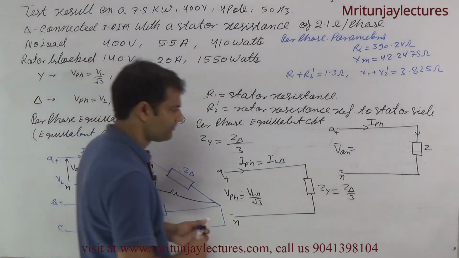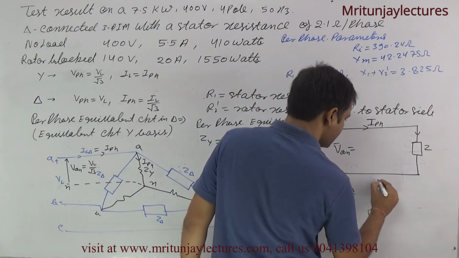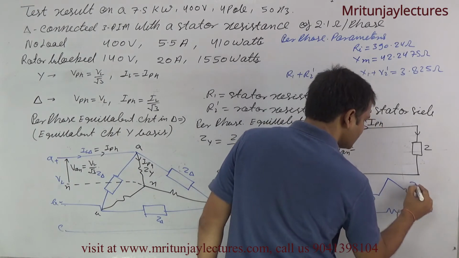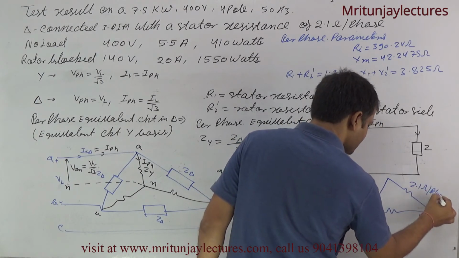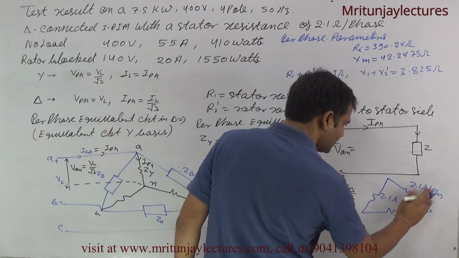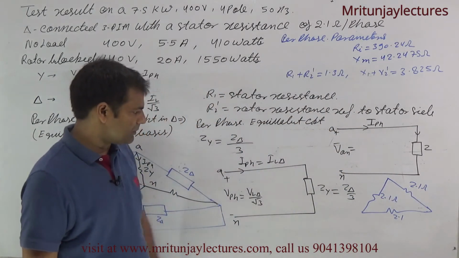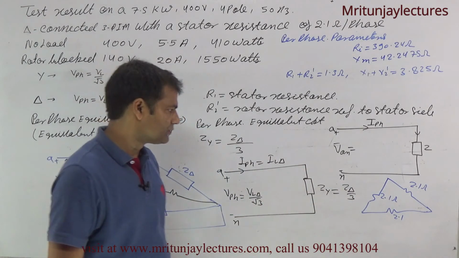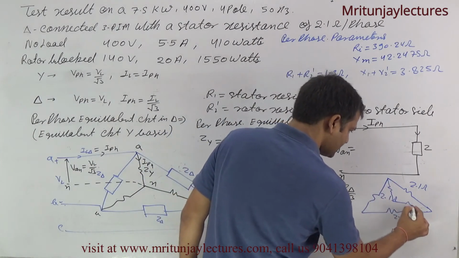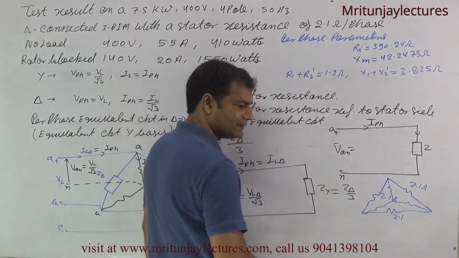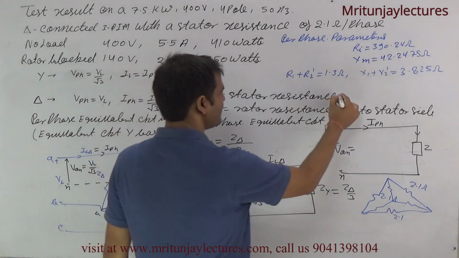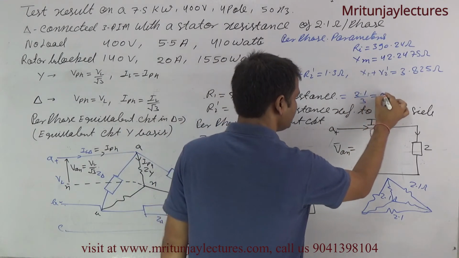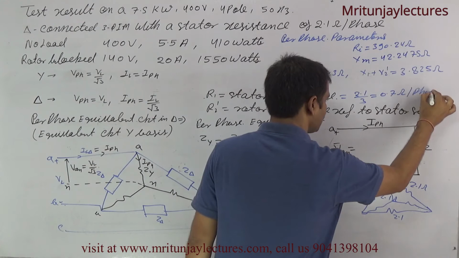Corresponding to the question, stator resistance is given as 2.1 ohm per phase. Clear? 2.1 ohm. But we have converted it, first of all, into star. So if you convert to star, stator resistance R1 is equal to 2.1 divided by 3, that is 0.7 ohm per phase in star connection.